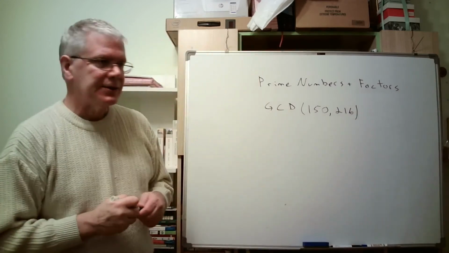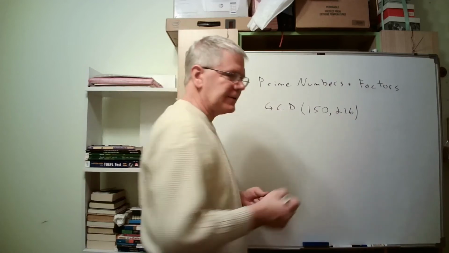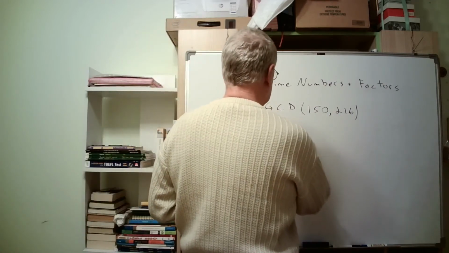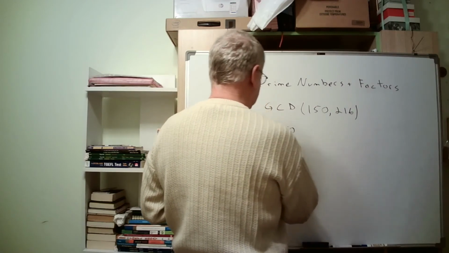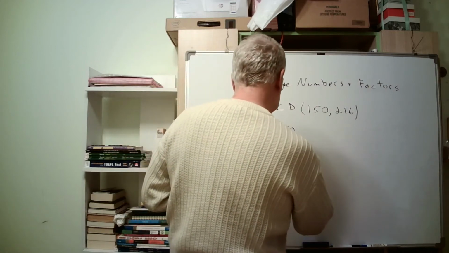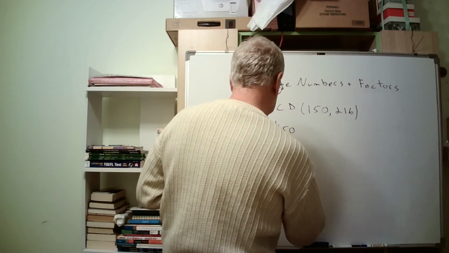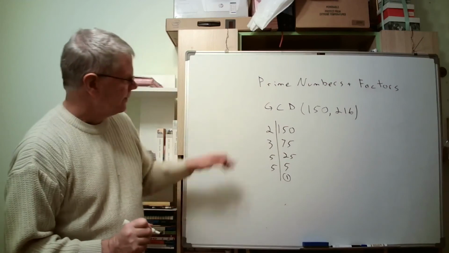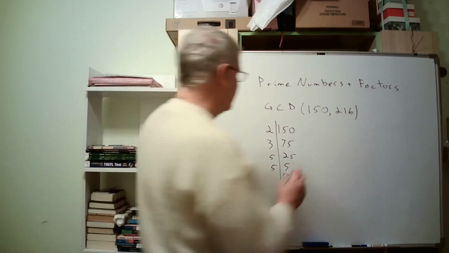So let's use these 2 numbers. The first thing I'm going to do is find the prime factorization. So 150, that divides by 2, I get 75. It's not divided by 2, but 3 goes into that. I get 25. So the 150 is 2 times 3 times 5 times 5.